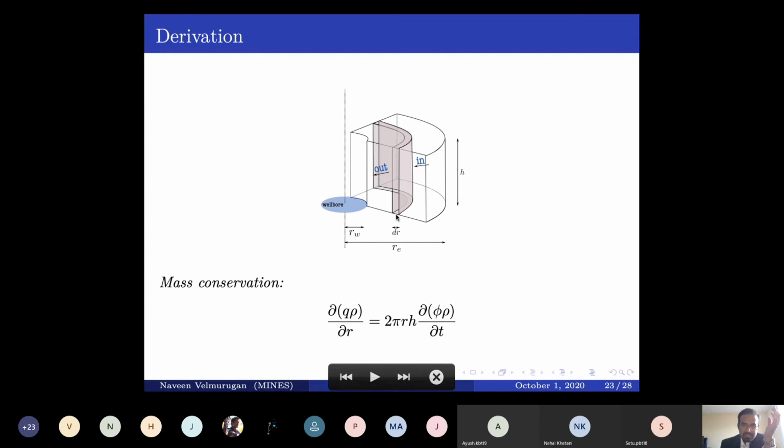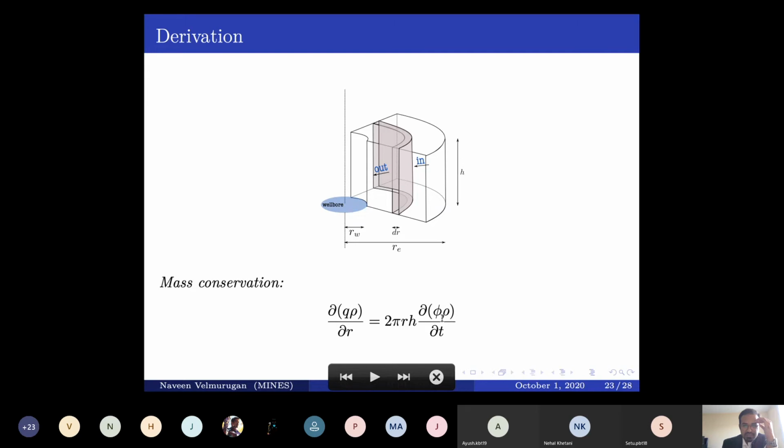If you apply mass conservation over the small section dr, this is the mass accumulation in the small section, and it is given by the gradient or the flux between in and out values.